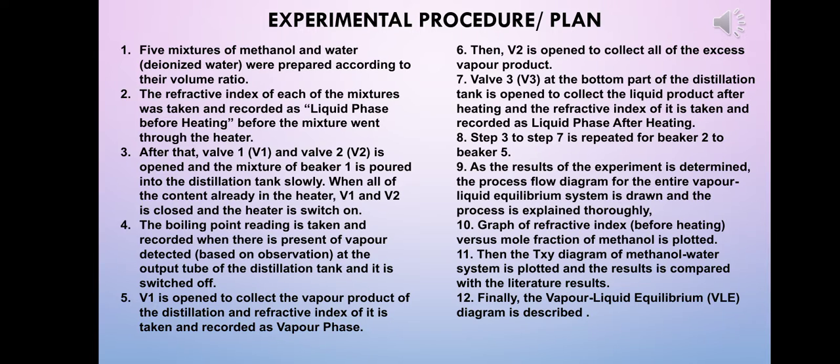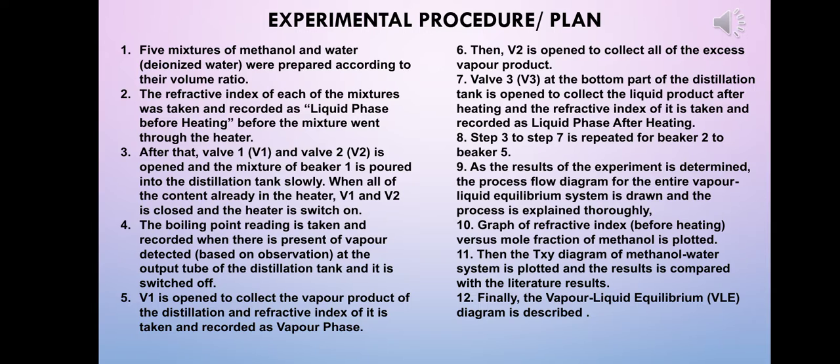Then V2 is opened to collect all the excess vapor product, and valve V3 at the bottom part of the distillation tank is opened to collect the liquid product after heating, and the refractive index of the product is taken and recorded as the liquid phase after heating.